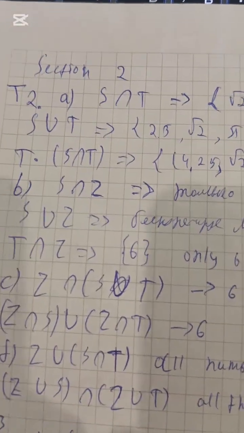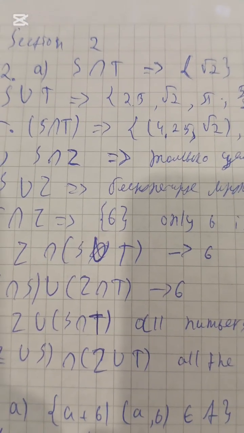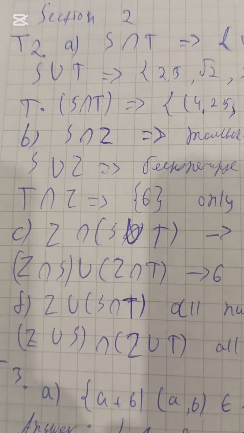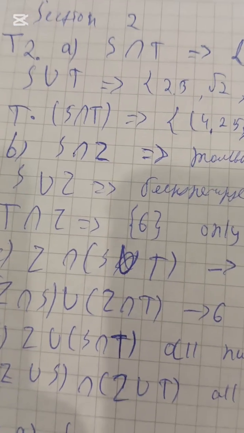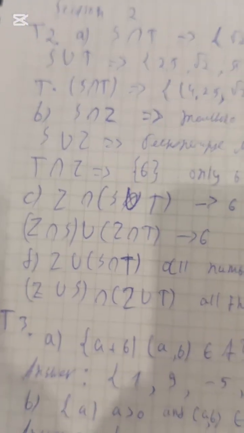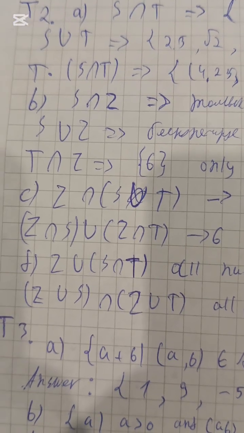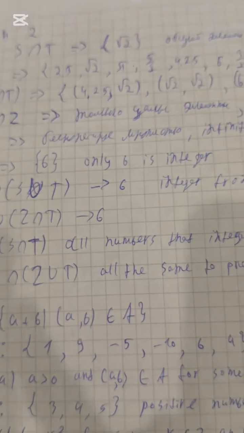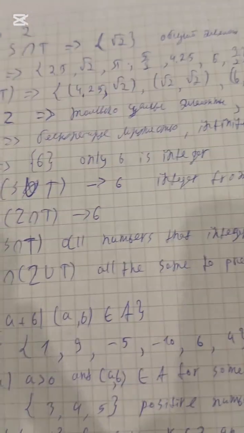It's also like previous tasks, but it will find a union of S and T, the integer number that is 6. And the next is the same because it was written in another way that will also give 6. In the D there are two answers also, like in previous C. But there will be all numbers that are integers up to square root 2, and in the next it will be all the same.